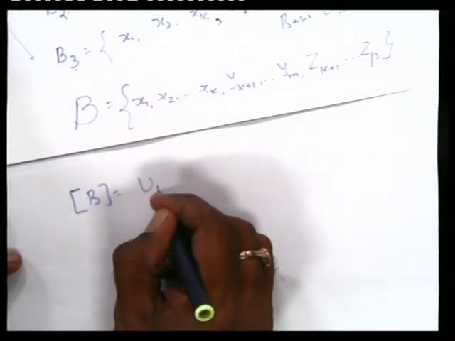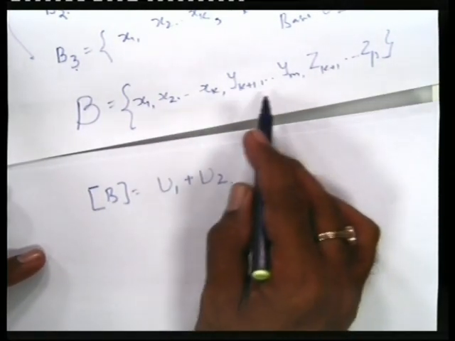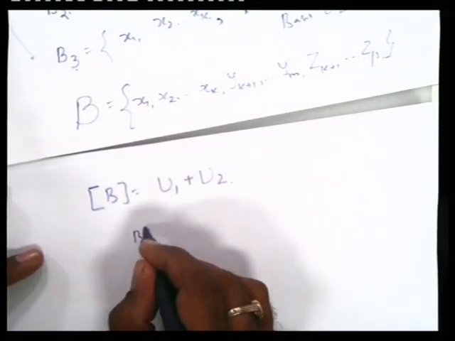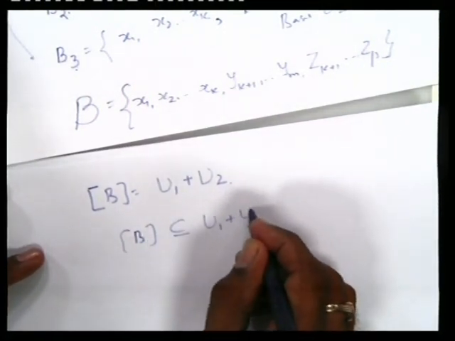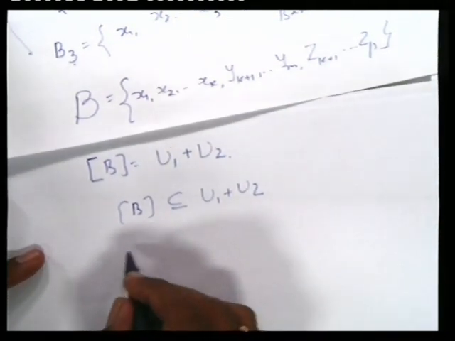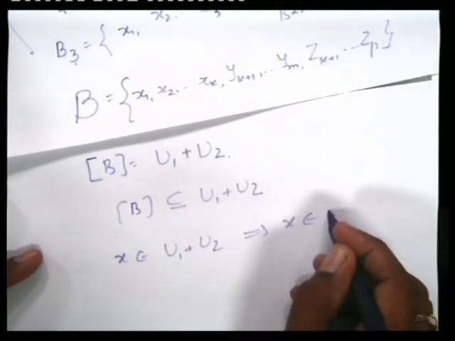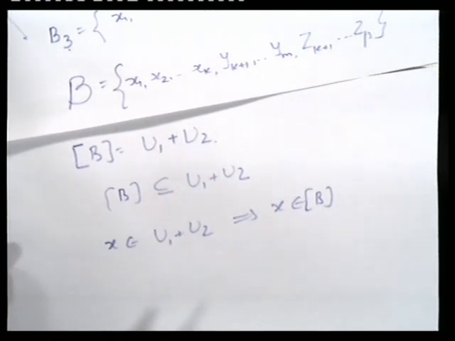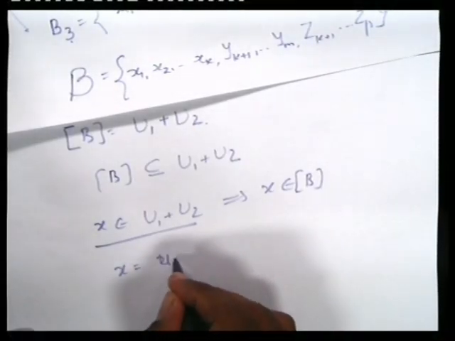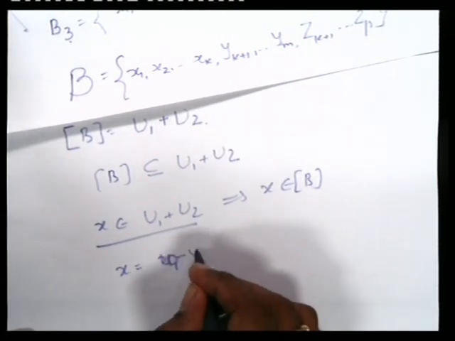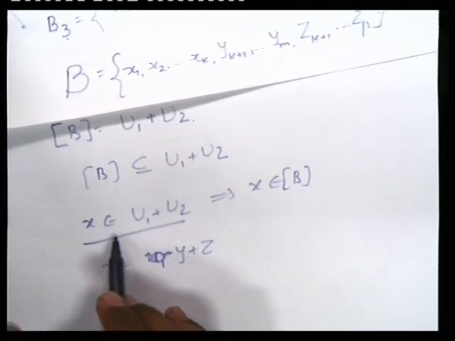And we can easily prove that the span of B will be equal to U1 plus U2. This part is very simple: because all these vectors are vectors of U1 and U2, the span of B is simply a subset of U1 plus U2. And we can easily show that if any vector x belongs to U1 plus U2, then this x belongs to the span of B. If x belongs to U1 plus U2, then x can be written as y plus z, because it is in the form of U1 plus U2.